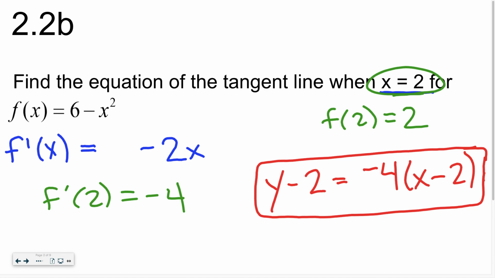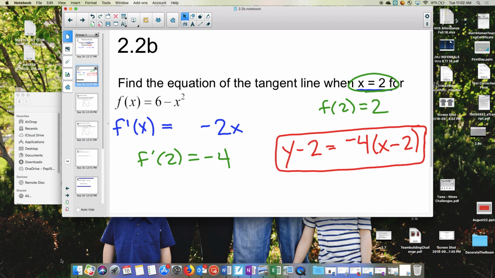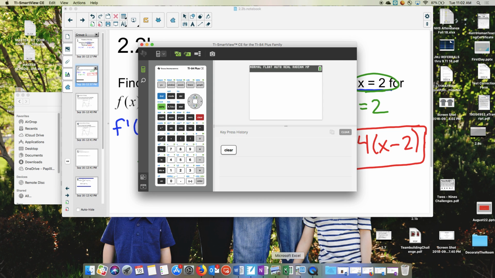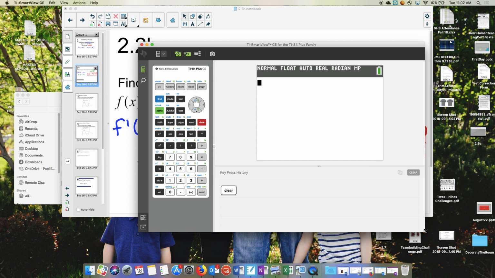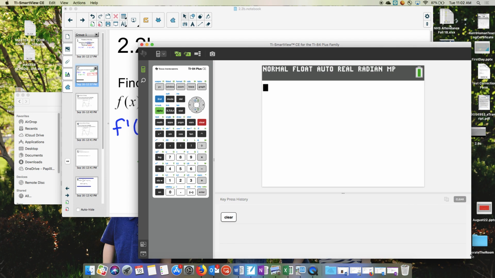I do want to show you a shortcut on your calculator where you can check your derivative at a point. Will you please get out your calculator? Okay.